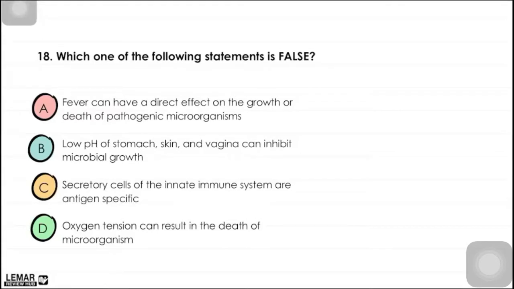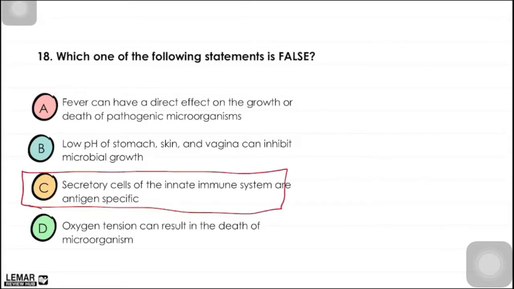So, all of the following are correctly stated except letter C. Secretory cells of innate immune system are antigen specific. No, mali ito, no? So letter C is incorrect. Why?